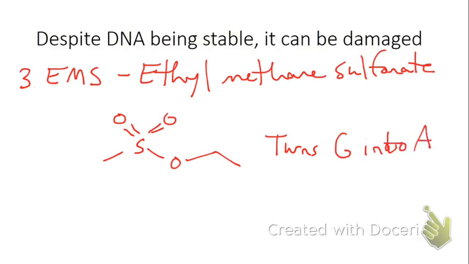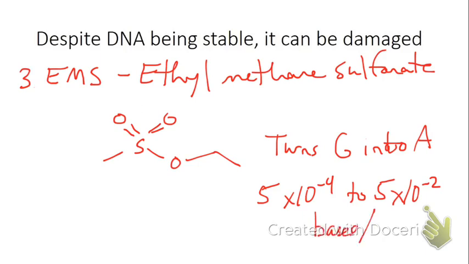Right? So instead of a GC pair, it makes AT pairs. And it has a mutation rate of about 5 times 10 to the negative 4th to 5 times 10 to the negative 2nd bases per gene. So it's actually very good at what it does. And so we use it in the lab to make random mutations in a bunch of different genes, and we look for our gene of interest.